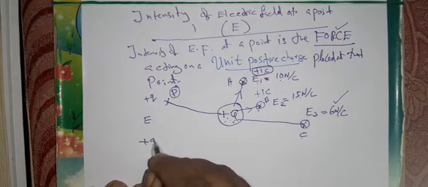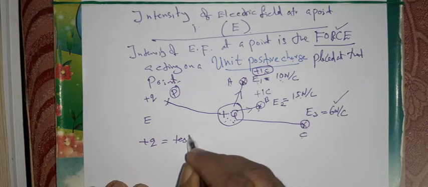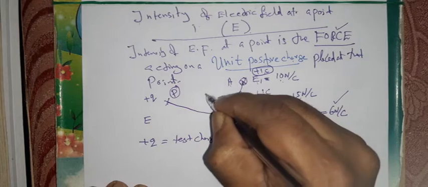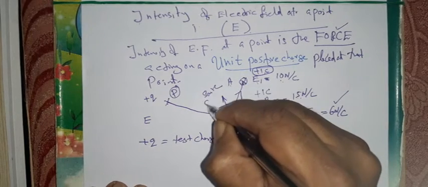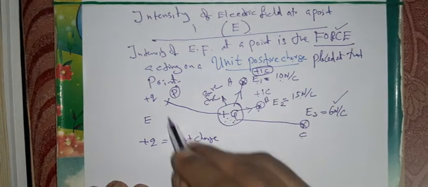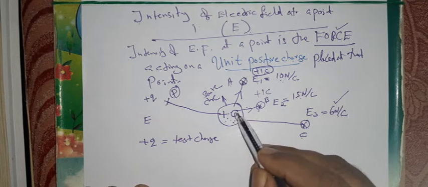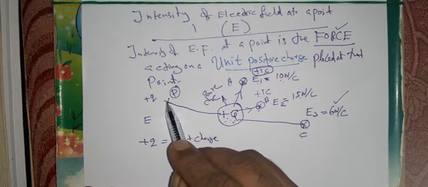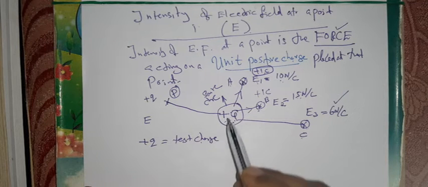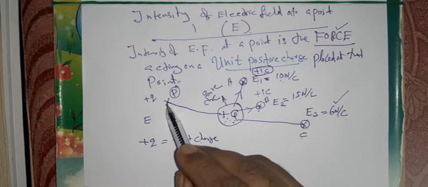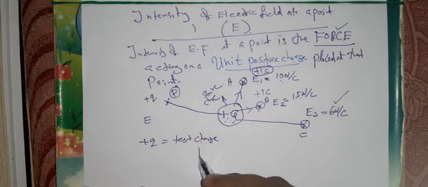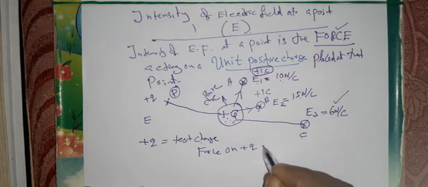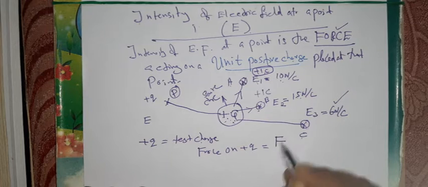This plus q is called the test charge, and this is called the source charge. Therefore, this electric field is the field of the source charge. To find out the intensity of the electric field at P, you place a test charge. Then definitely the source charge will exert a force on it. You can write the force on plus q as capital F.